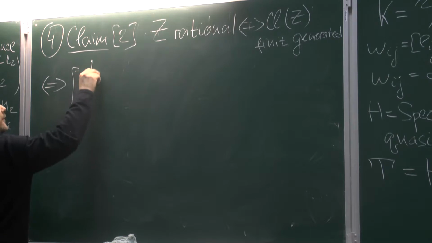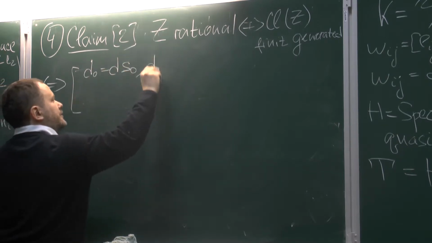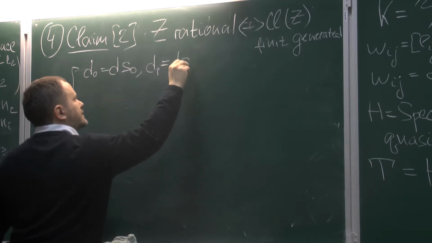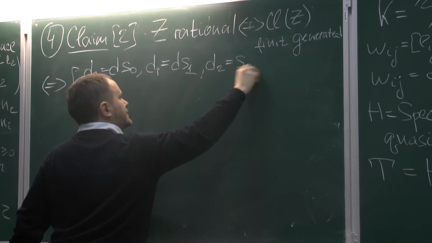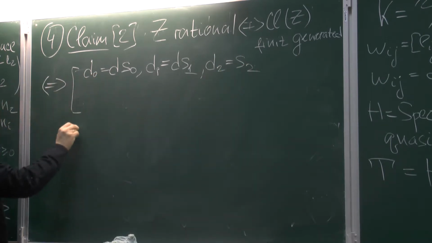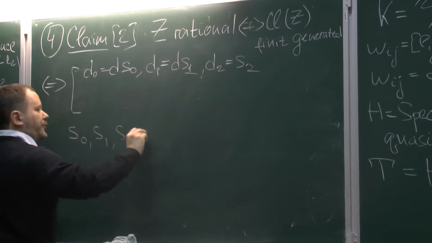d0 is d times something. d1 is d times something. d2 is just this something. And these somethings are pairwise coprime.